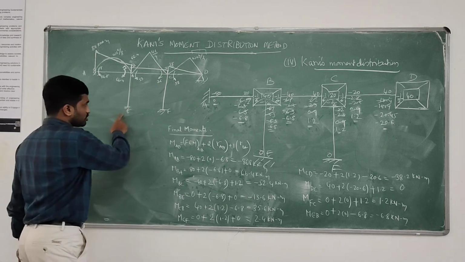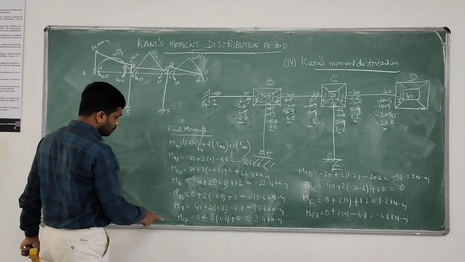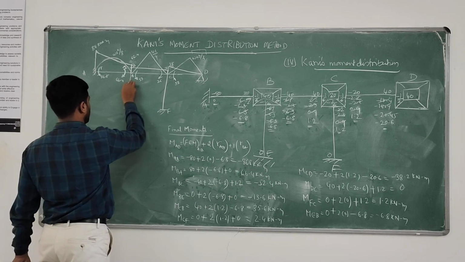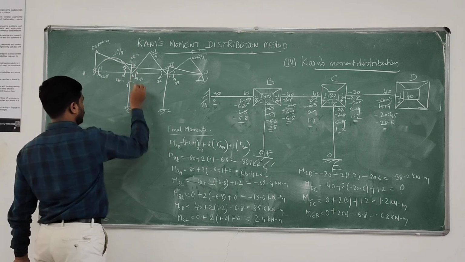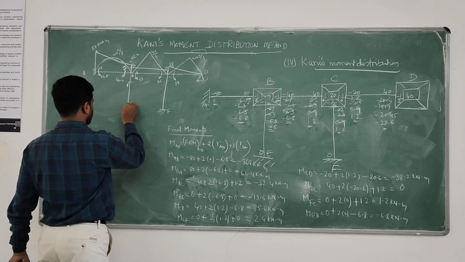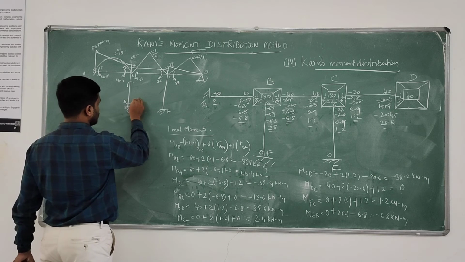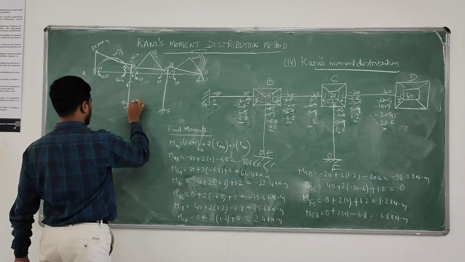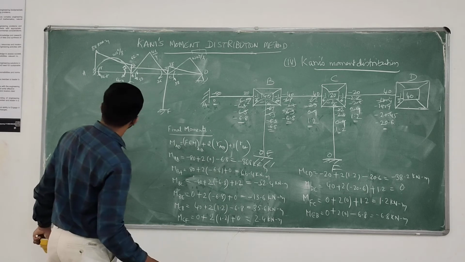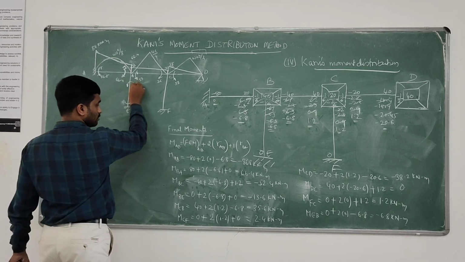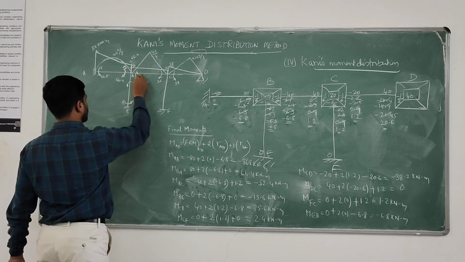And here you just observe, BE. The BE is anti-clockwise. B is here. And EB, that is also anti-clockwise. That is 6.8. And BE is anti-clockwise 13.6, 14.